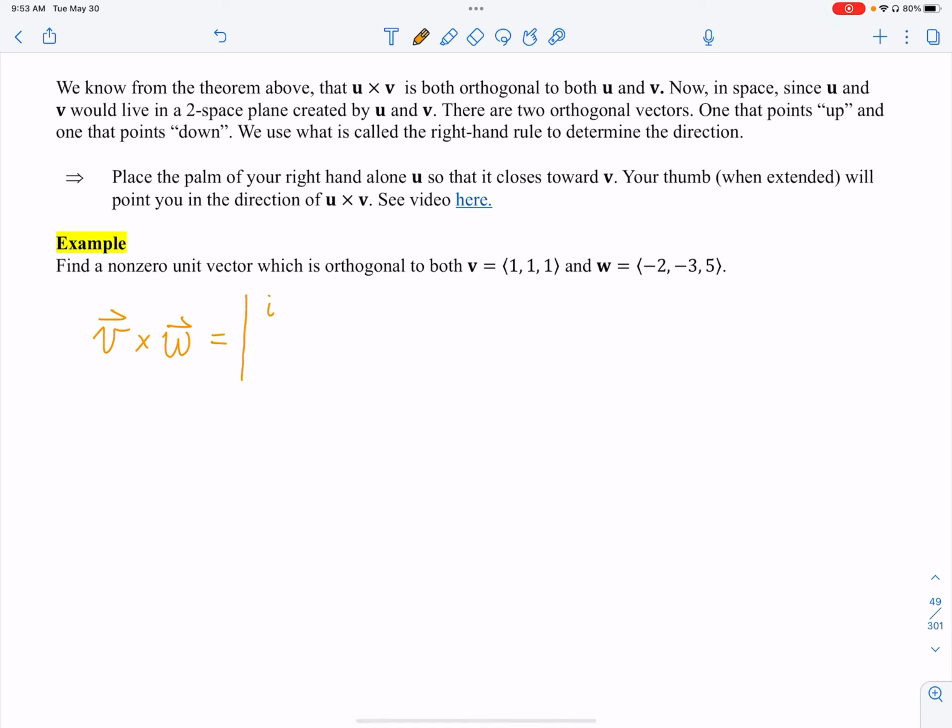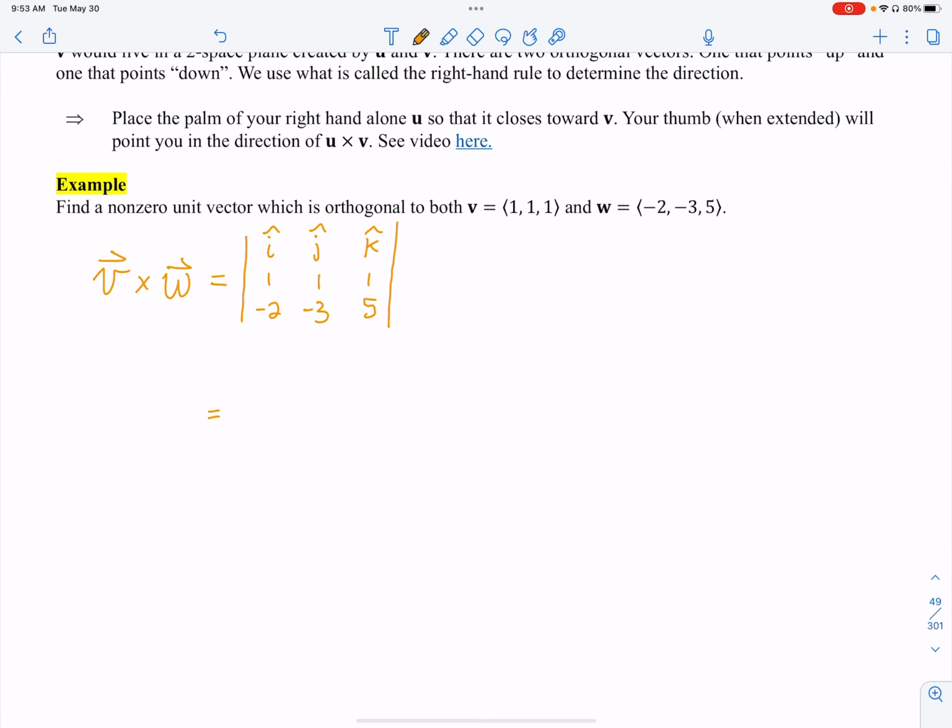So this is I, J, K, and then we fill in V: 1, 1, 1, and then W is -2, -3, 5. Now we use our cross product method. I cover up the first row and the first column, and I get 1, 1, -3, 5, I, minus, right?